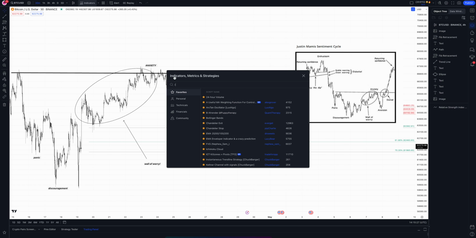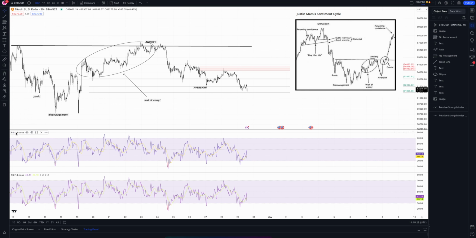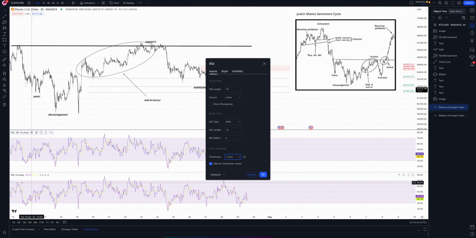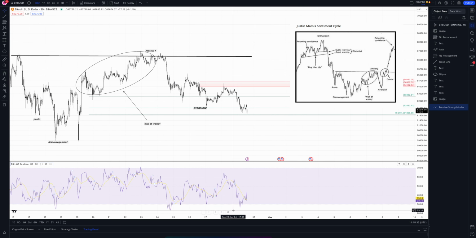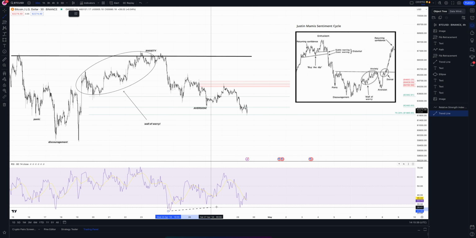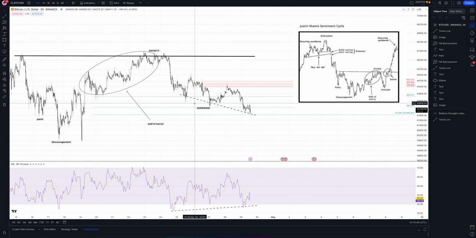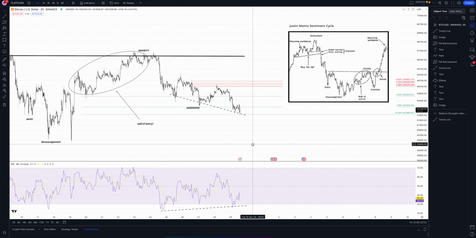Let's take a look at the RSI here on the hourly. Okay, and we're still printing bullish divergence here. Okay, as long as we have a higher low here. To me, this is your aversion, right? This is where everyone is so pessimistic, and they think it's just going to keep going down and down and down.